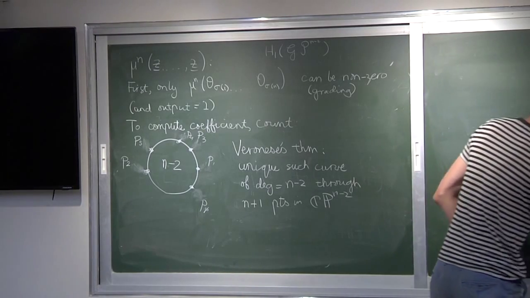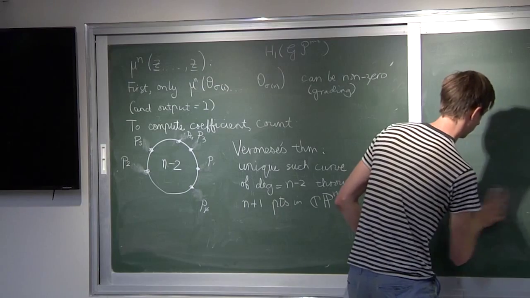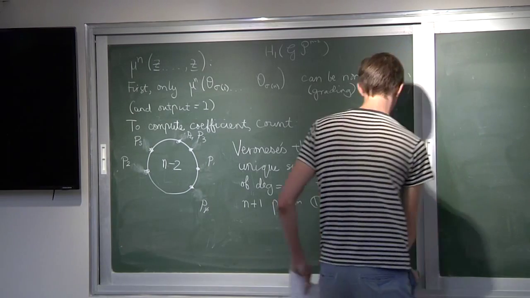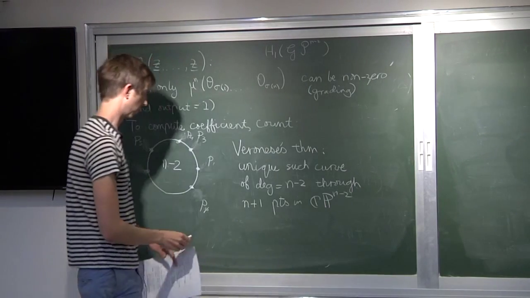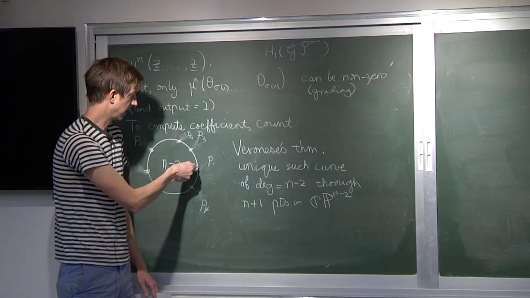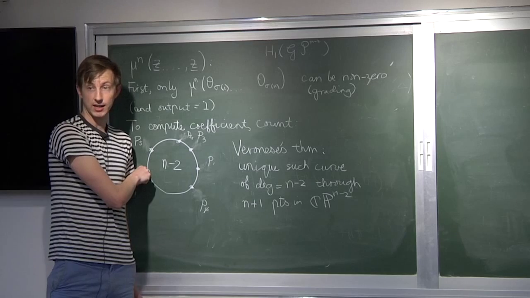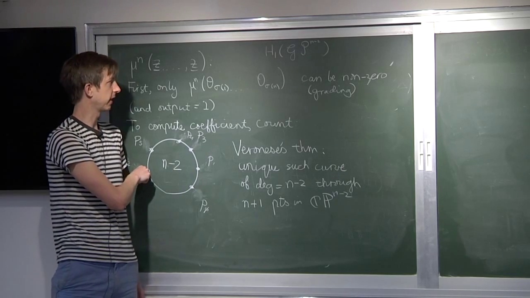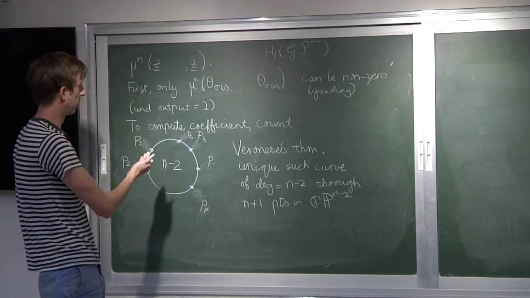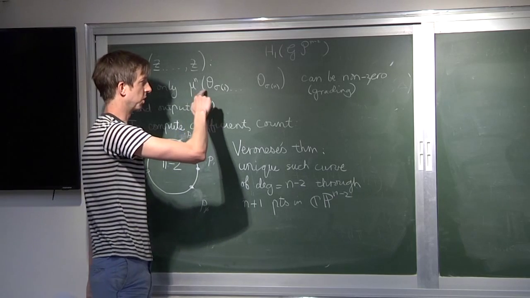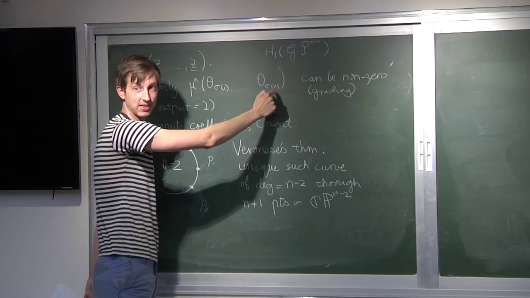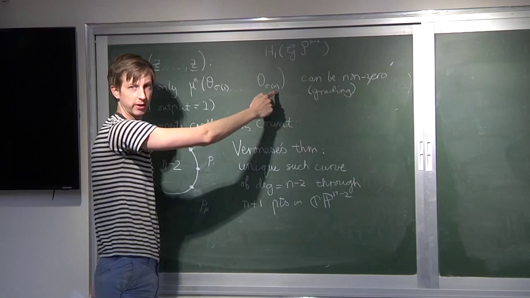And now that curve, whatever it was, intersected these n marked points. It intersected them in some order on the boundary. So whatever that order was, you get a mu n for the theta i in that order and no other order.